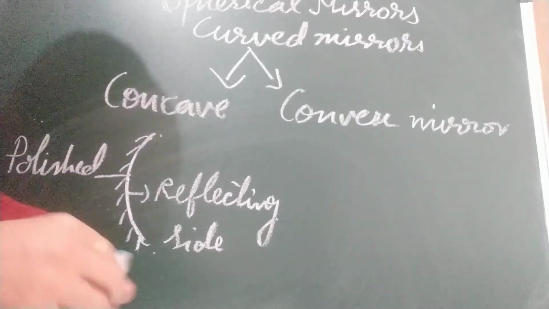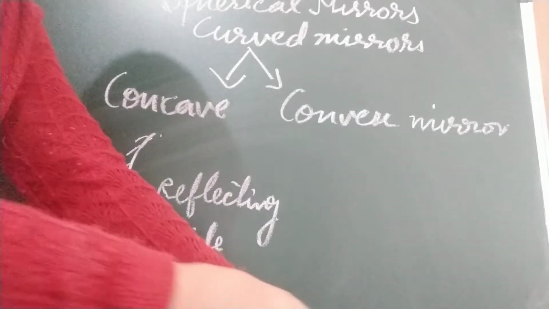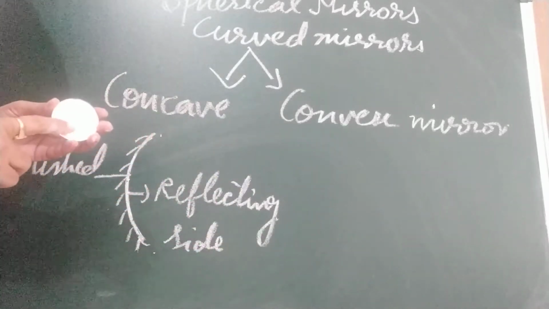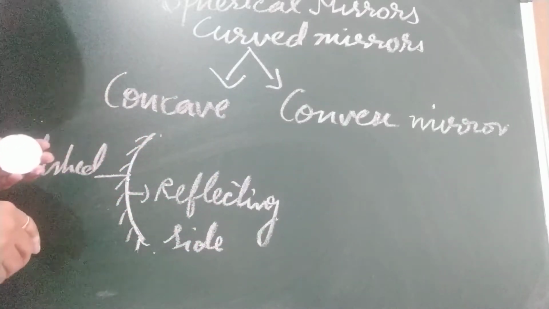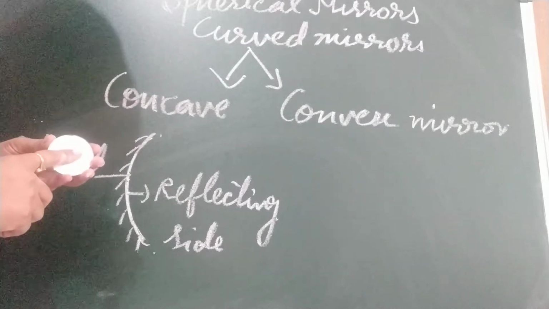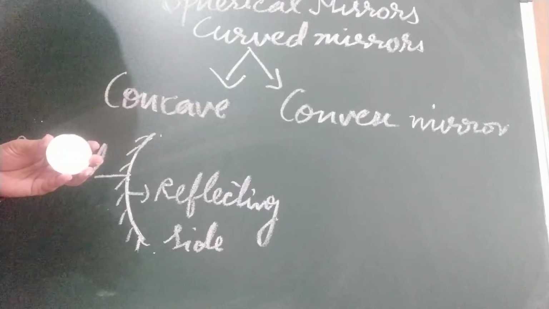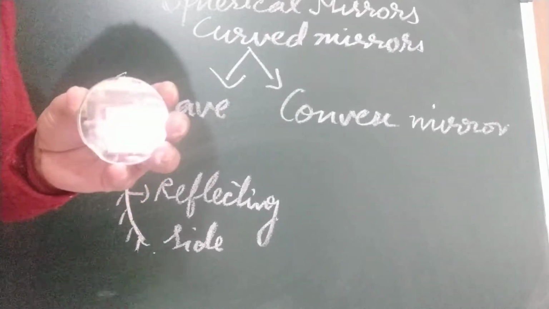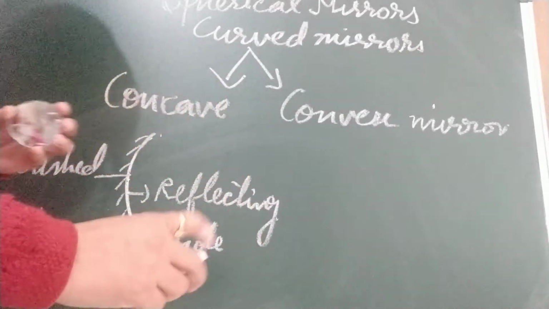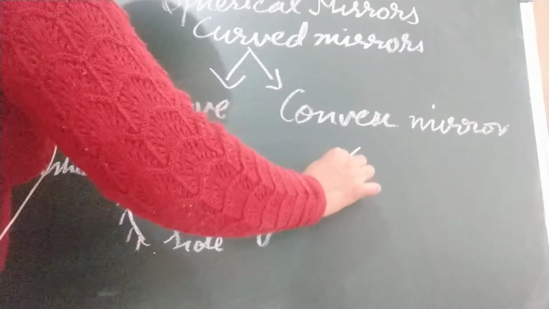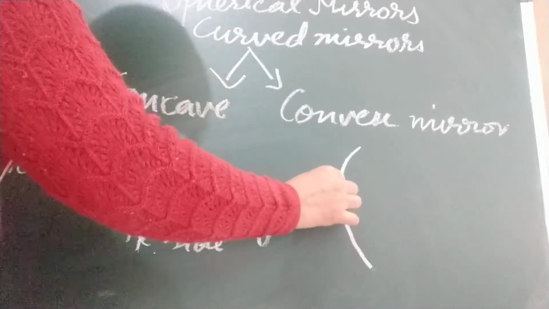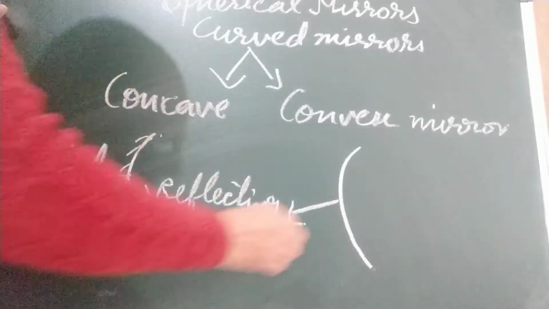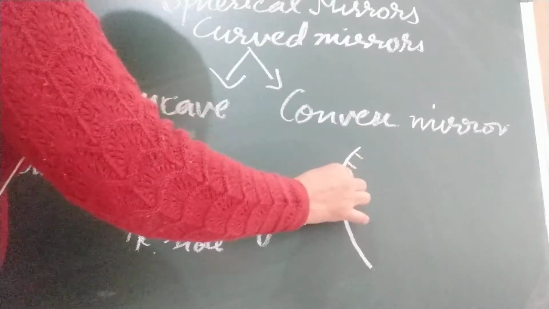The other type of mirror is what? This is convex. A spherical mirror whose reflecting surface is curved outward. Reflecting surface is curved outward like this. This is the reflecting surface and this is polished.